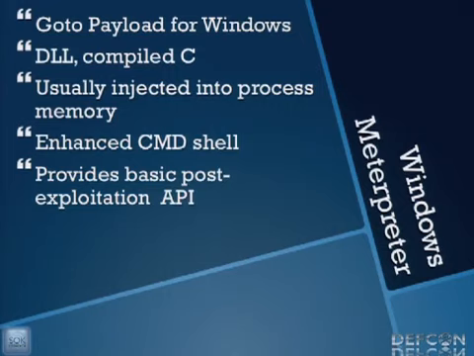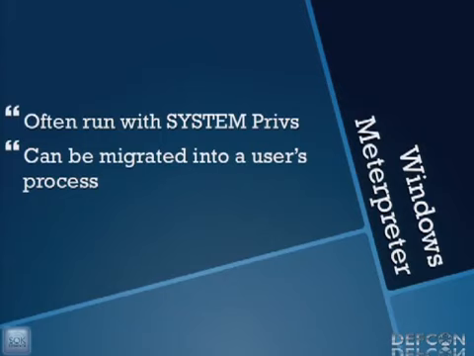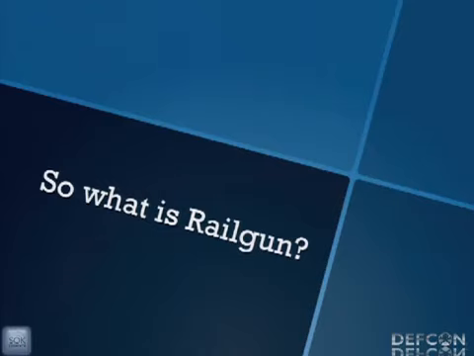And it provides a lot of functionality. One of the benefits of Meterpreter is that we can migrate. Once we've gotten that initial shell, we can migrate it into other processes and gain system level access very quickly and easily. So jumping right into Railgun.